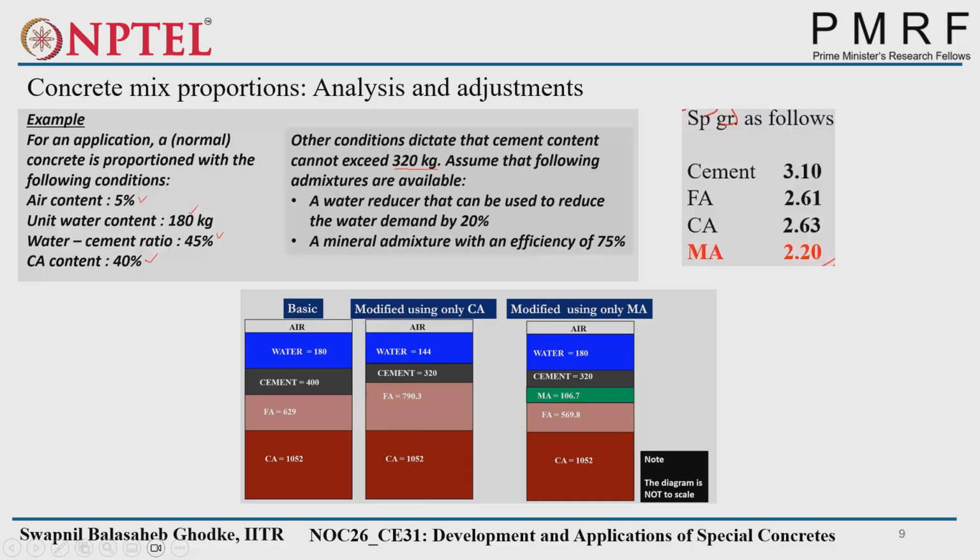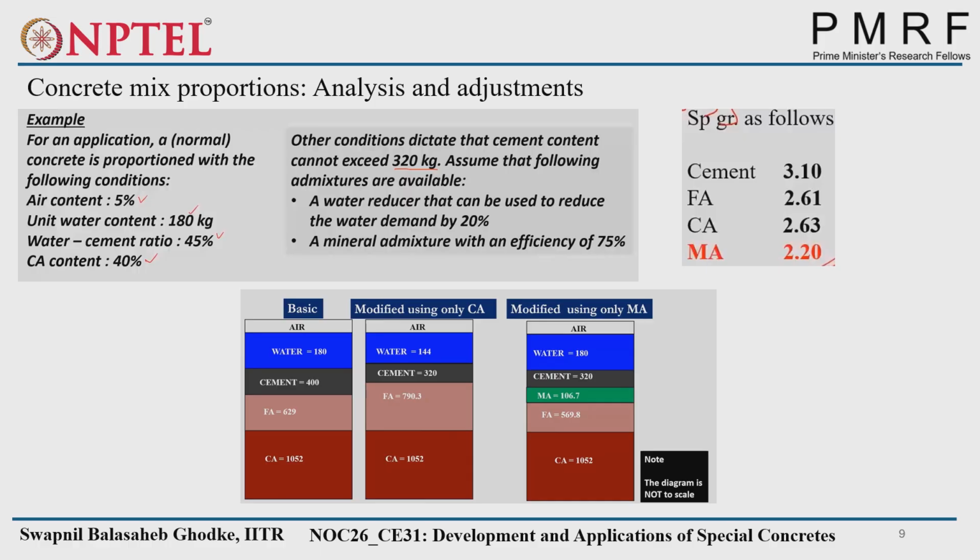You got this observation? The base is 400. Now with the inclusion of chemical admixture, we got 320. Further replacing cement with the mineral admixture, we got 106 because efficiency is 75%. If efficiency is 100%, we would replace 80 by 80 only.